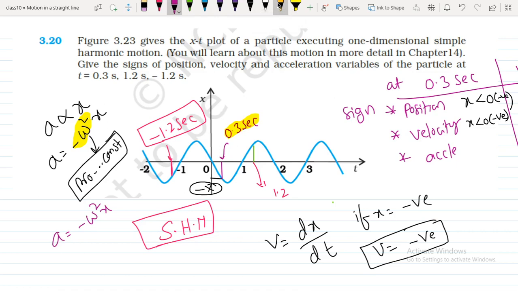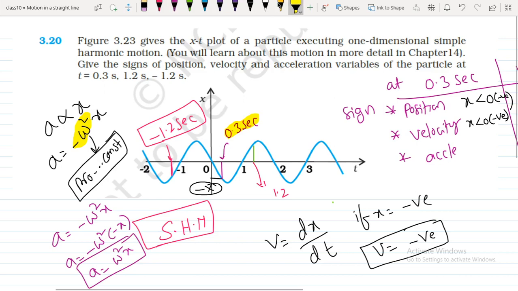Now to find the acceleration, substitute x as negative: a equals minus omega squared times minus x, and this total value becomes positive, omega squared x. Therefore acceleration a equals positive omega squared x. Now I can write that the acceleration is positive, that is, greater than 0.